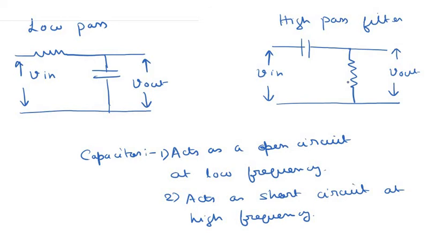On the other hand, when the frequency is really high, the capacitor would act as a short circuit. So the entire input voltage would come across this resistor here. So the magnitude of the output voltage would be equal to the magnitude of the input voltage. Okay, so that is the intuition or the physics of high pass and low pass filters.